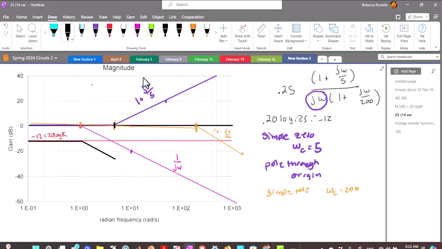My negative 20 slope plus my positive 20 slope will level out, and I will have a horizontal line until I get to the next point. And then here, I'm adding a slope of negative 20, so I'm going to have a slope of negative 20 again. And that would be what my Bode plot looks like.